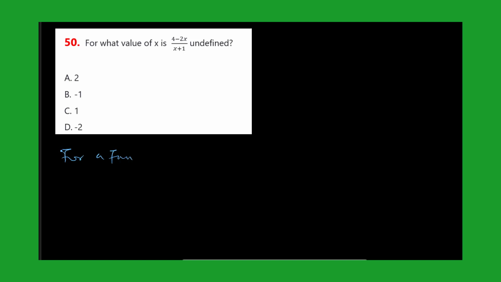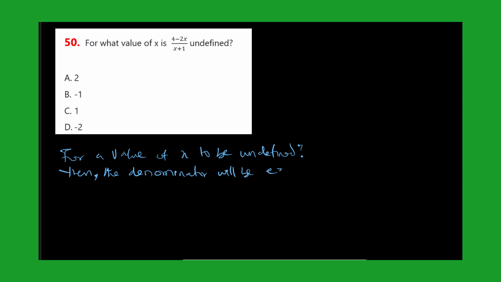For a function of x, for the value of x to be undefined, the denominator will equal 0.